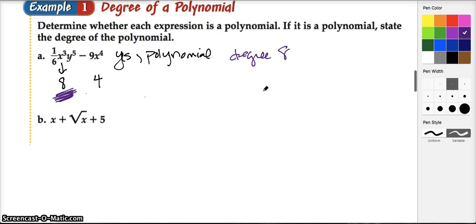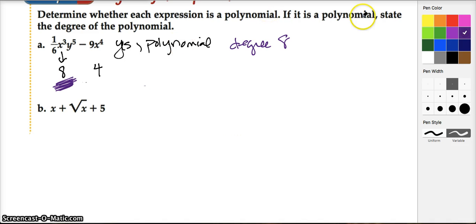And let's come down here and take a look at this one. Is this a polynomial? And the answer is actually no. Can you guess why? Well, if you can't, it's really just because of the definition of a monomial. The definition of a monomial says that it's a term, it's a collection of x's and y's and variables, but where the exponent is always a whole number, right?